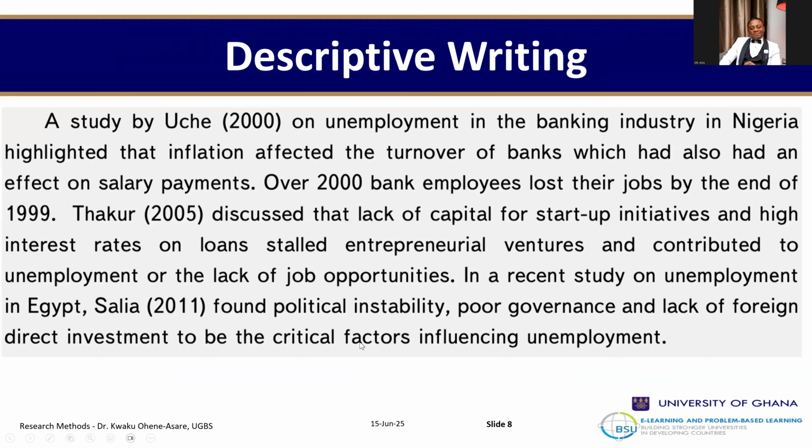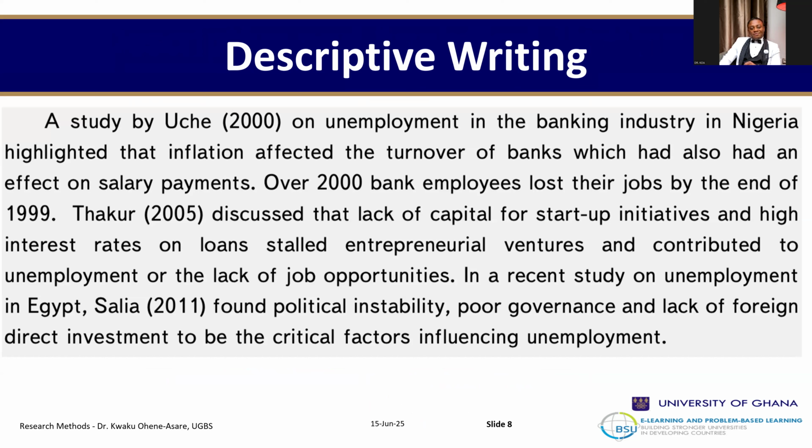A descriptive writing example here: A study by Uche, 2000, on unemployment in the banking industry in Nigeria highlighted that inflation affected the turnover of banks, which had also had an effect on salaries. Over 2,000 bank employees lost their jobs by the end of 1999.